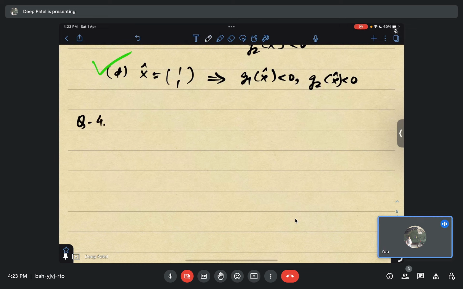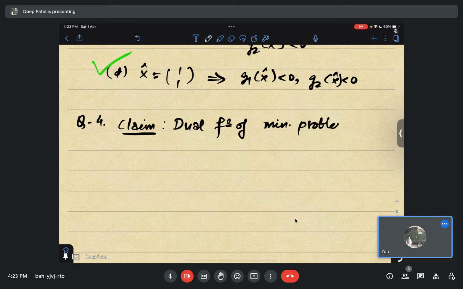Okay, so let's go to the next question. So the next question is saying the dual function of a minimization problem is a convex function. So is this true or false?